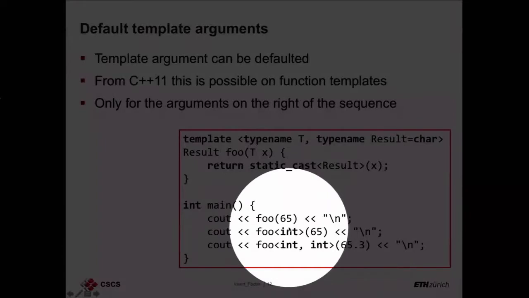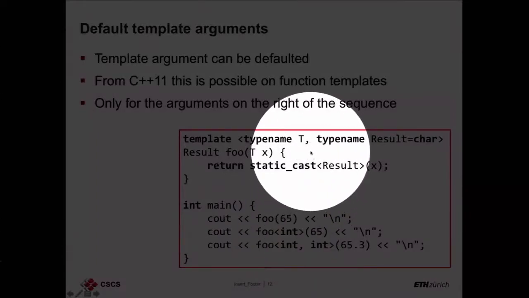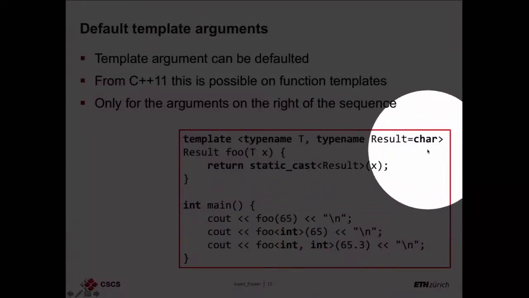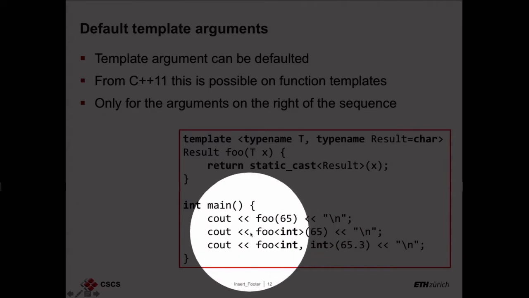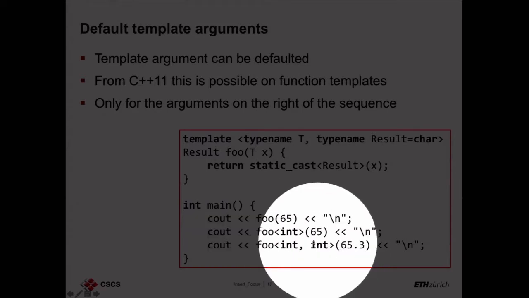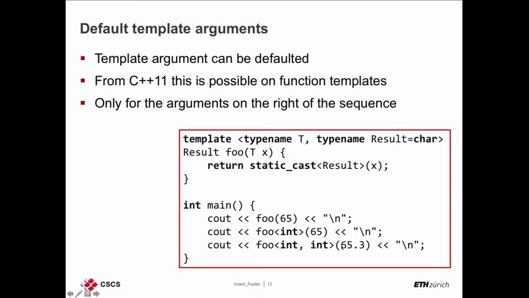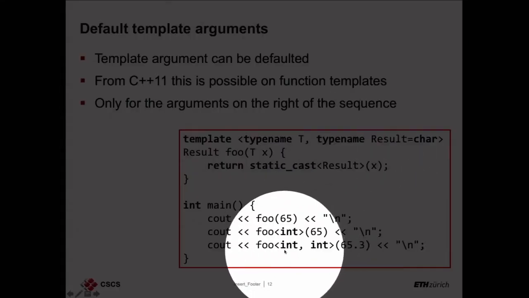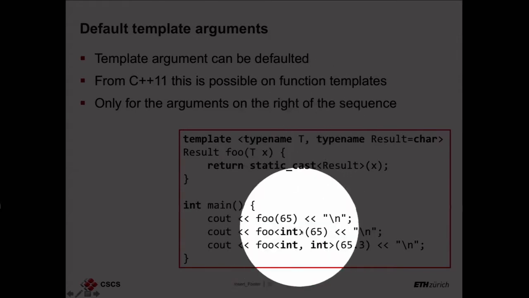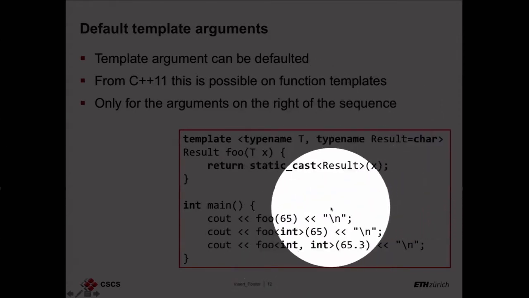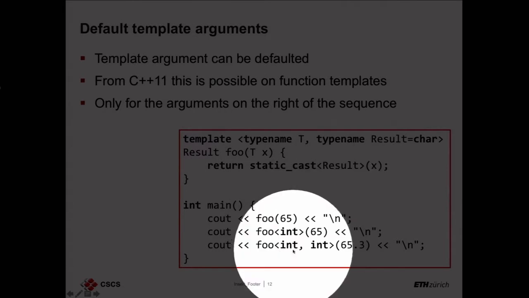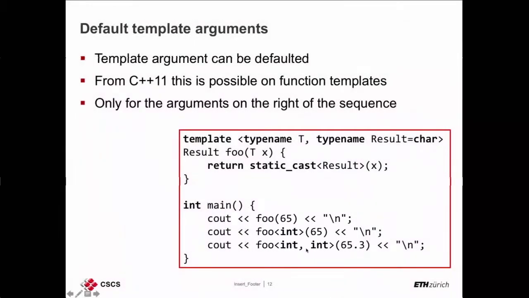But still we'll print a char. And this one will print actually an integer. So we'll convert this to an integer, basically. And you specify both template arguments, the first and the second. Here the first is integer and the second is char, because I didn't specify it. And here the two parameters are represented as integers.